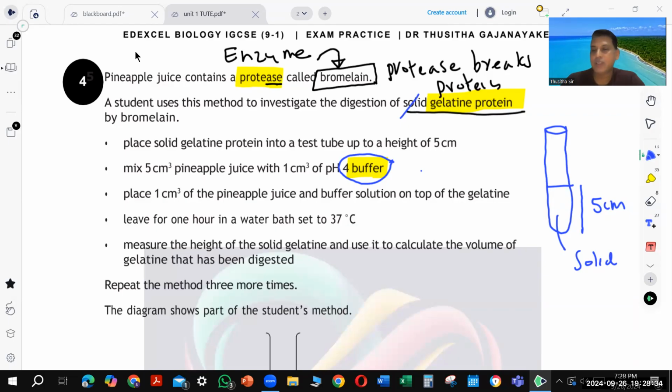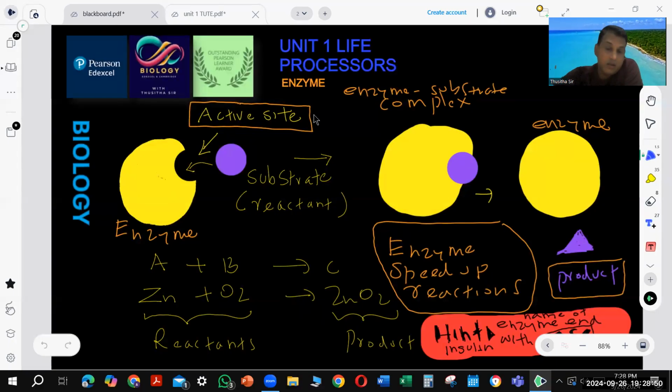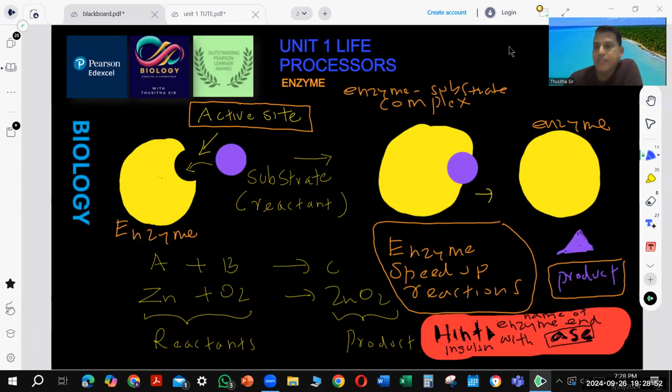Okay, I think most of you have no idea about the buffer. Right, we try to understand buffer like this. Before we come to buffer, I'm going to introduce again two things under enzyme.